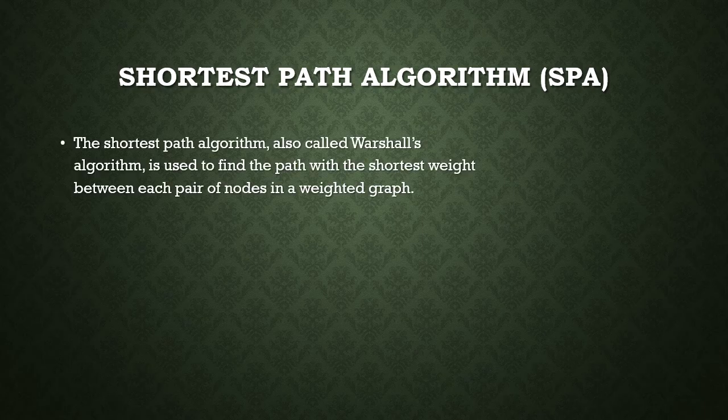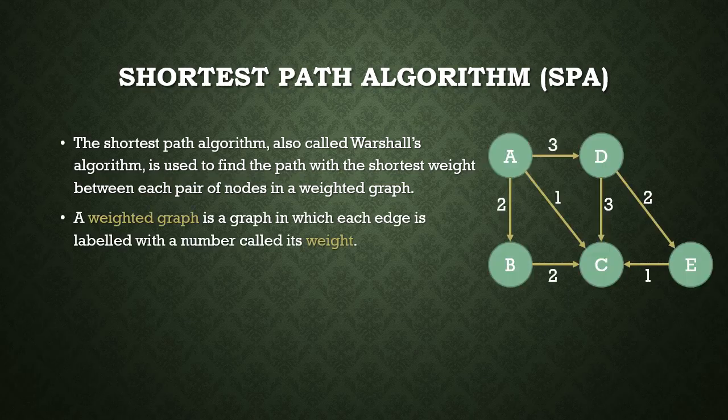The shortest path algorithm, also called Warshall's algorithm, is used to find the path with the shortest weight between each pair of nodes in a weighted graph. A weighted graph is a graph in which each edge is labeled with a number called its weight. You see a weighted graph over here.